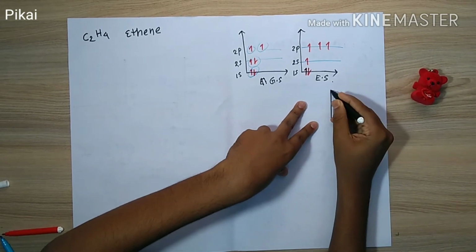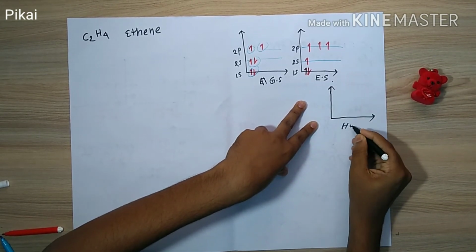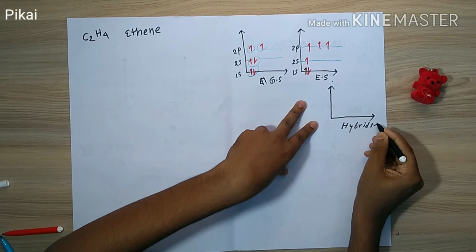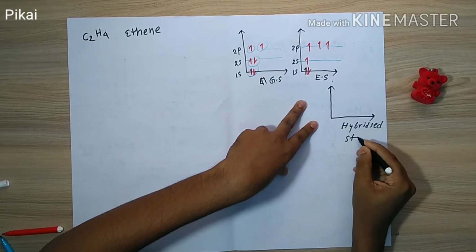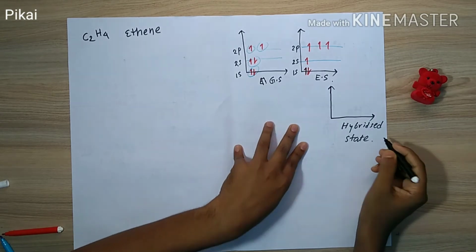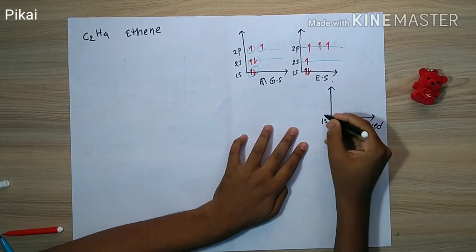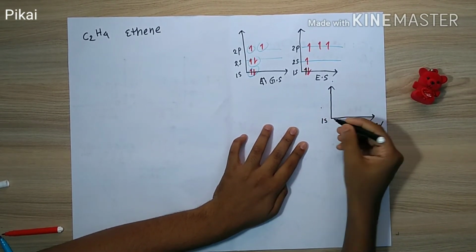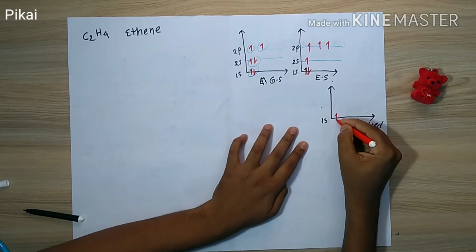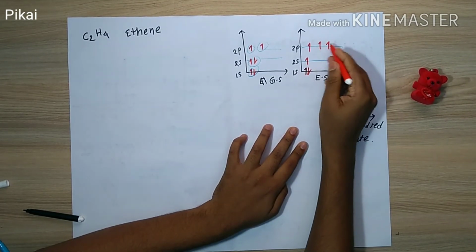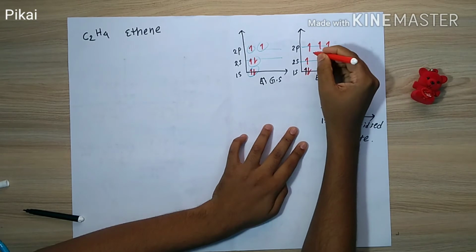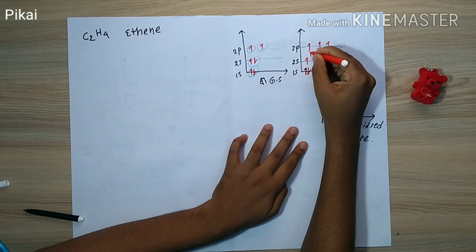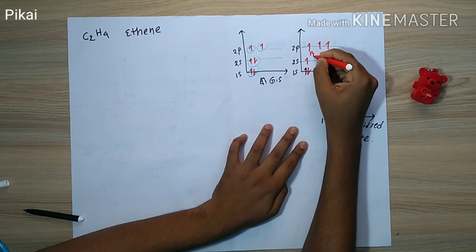And if we draw the hybridized state, since it is sp2 hybridization, there are 2 p orbitals and 1 s orbital involved in forming the hybrid orbitals having equivalent energy. So these three are, as I already told you, px, py and pz.